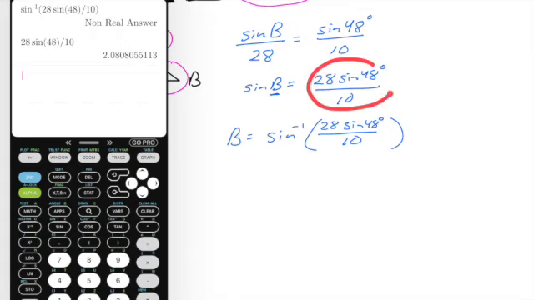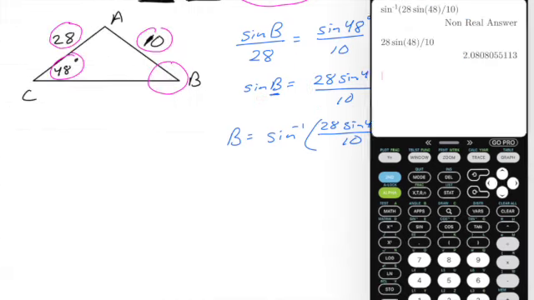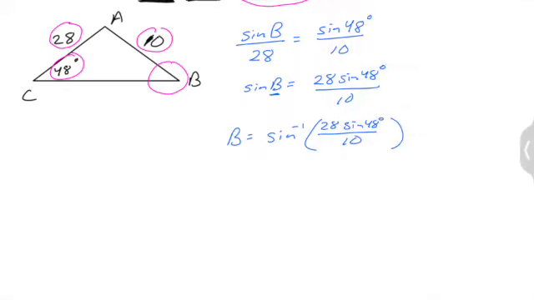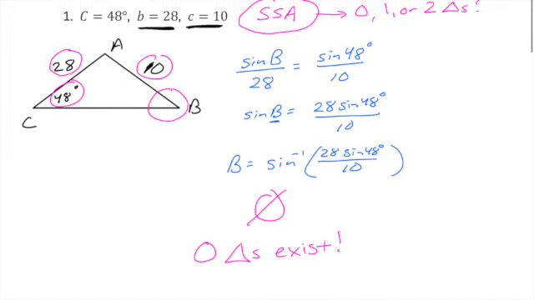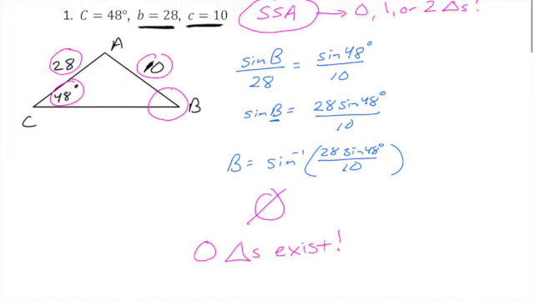So if this value is bigger than 1, this is an impossible scenario. There's no angle that can exist. So that would just be a way to tell you that there's no solution. However you want to say this, 0 triangles exist. And that would be a potential when you have an SSA. So it shouldn't be that surprising.